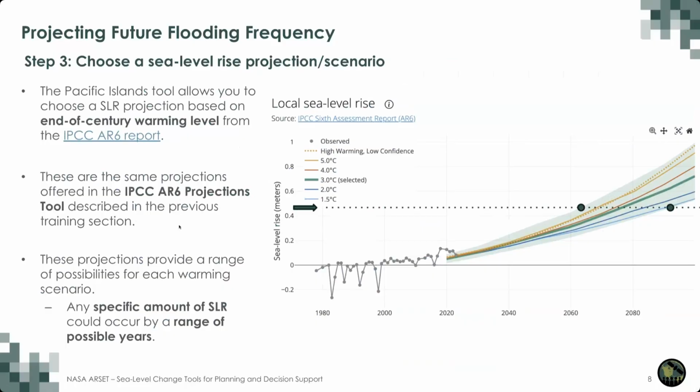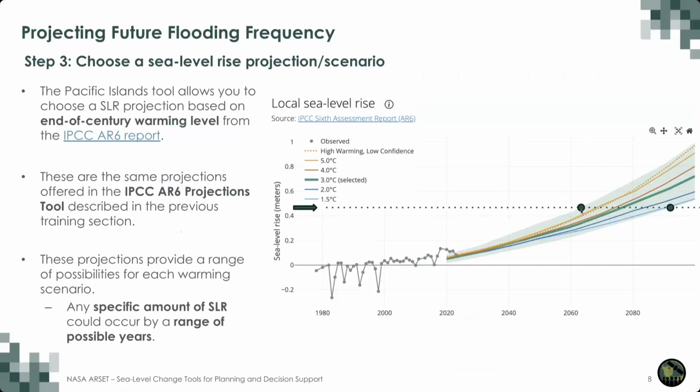So here we try to incorporate that by thinking about this green shading. You've selected 3 degrees Celsius by end of the century, but then there's this range of time for which that amount of sea level rise could occur. Let's pick on around 45 centimeters. If you have 45 centimeters of sea level rise, when might that occur?